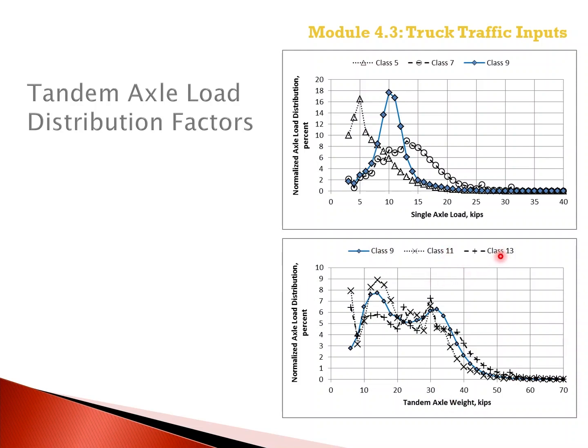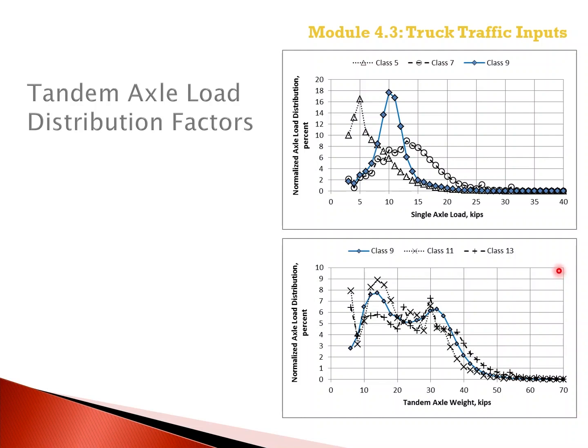As shown, the class 9 distribution is the solid line, the class 11 distribution is shown with the X's, and the class 13 distribution shows the axle weight distributions for the class 13 tandem axles.